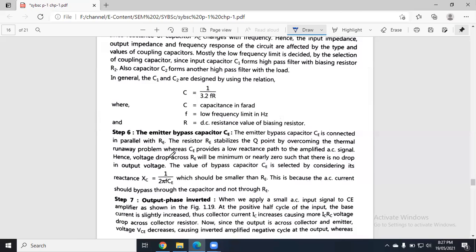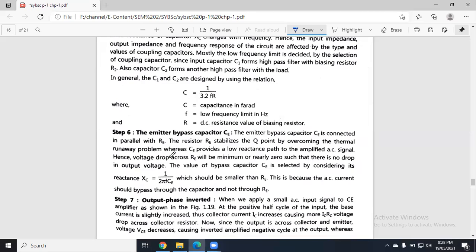The value of bypass capacitor CE is selected by considering the reactance XC equal to 1 upon 2 pi FC. This is the general formula of capacitive reactance. XC is equal to 1 upon 2 pi FC, where F is your frequency or center frequency. And the value should be smaller than RE.